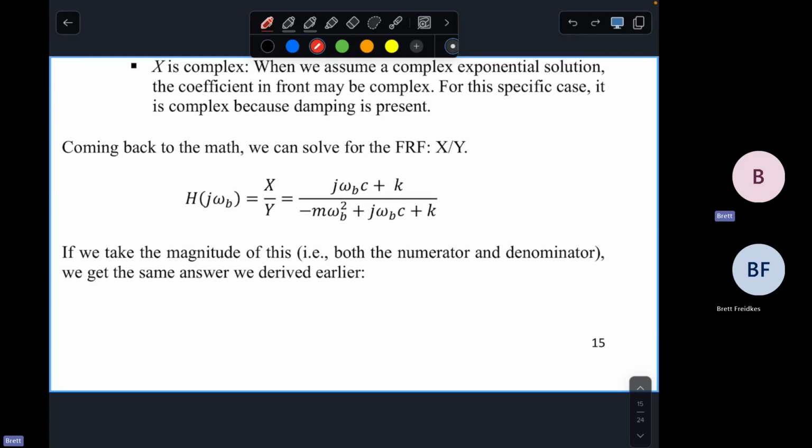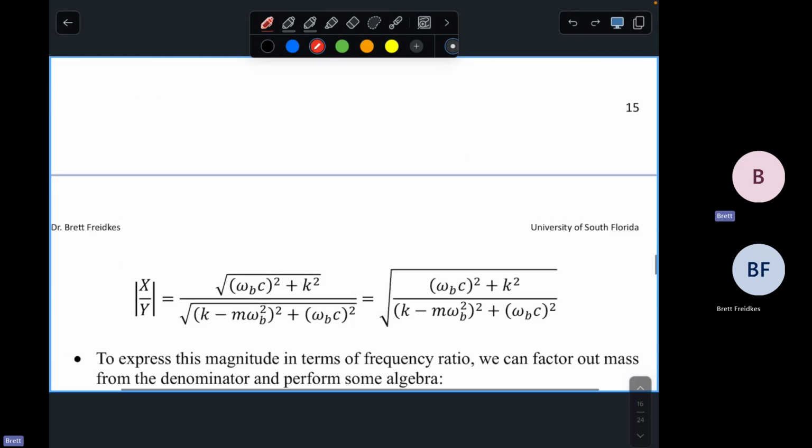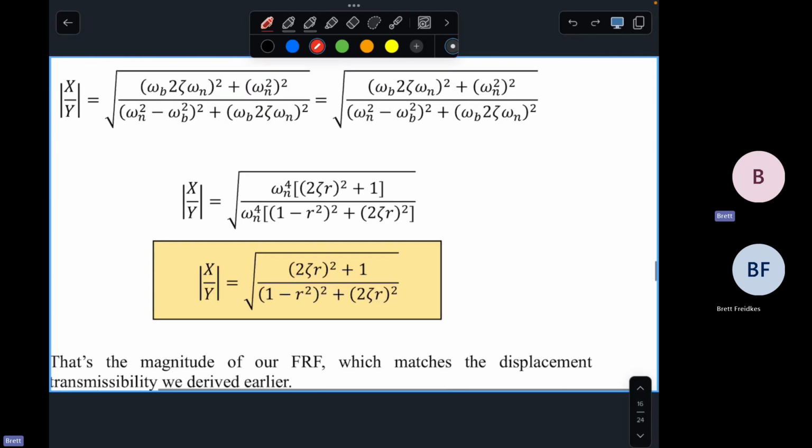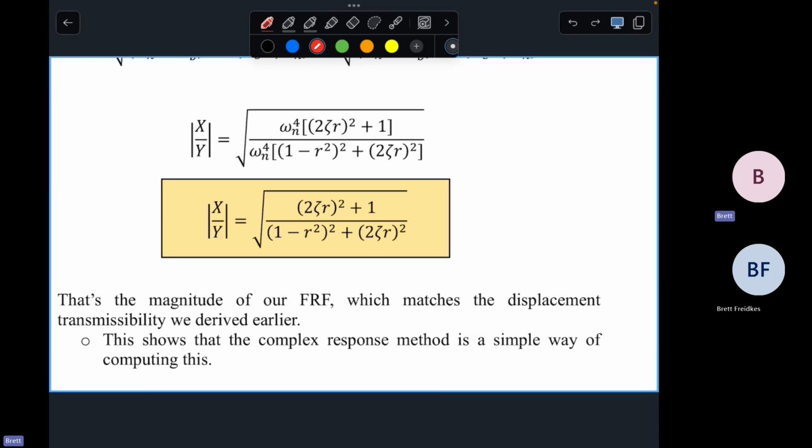And we end up getting this relationship here. How do I end up with the square root function I just showed you? It's a complex number. I have to take the magnitude of this number: take the magnitude of the numerator, the magnitude of the denominator, and divide. That will give me ultimately the same exact relationship that we had after doing the superposition, solve two differential equations technique. This is technically faster. It doesn't require as much thinking.